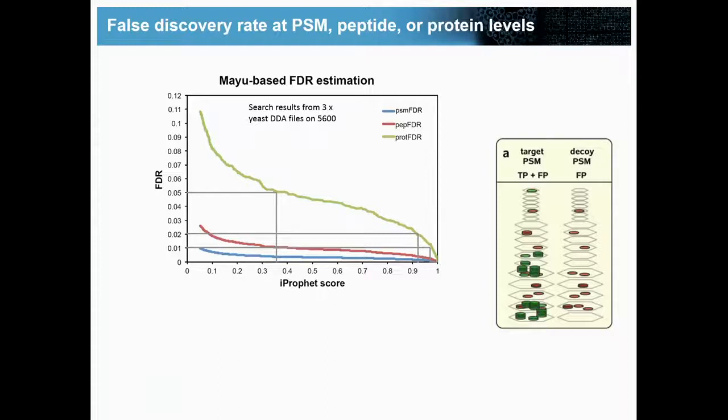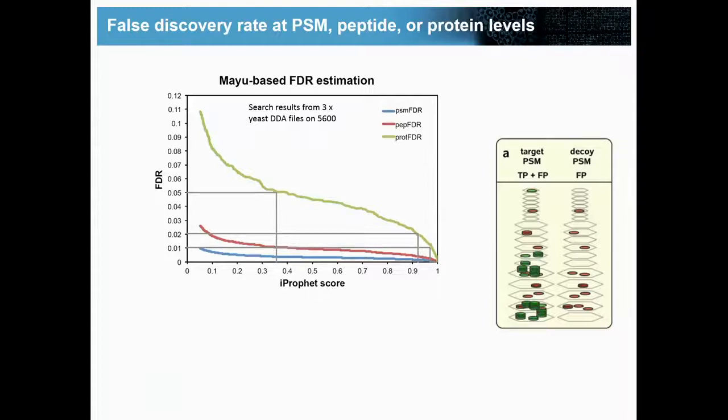And the reason why this happens is because if we look at this picture here, in this depiction, these green guys are the target hits, and the red ones are the decoy hits. Or the true positives and the false positives. And these hexagons are the proteins, right? So these peptide spectrum matches, the ones that are correct tend to build up on the same proteins, but the ones that are not correct tend to be randomly distributed throughout the proteins, right?